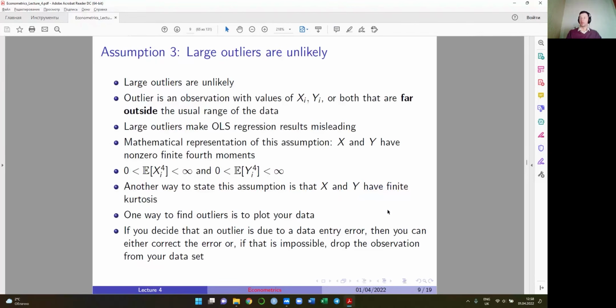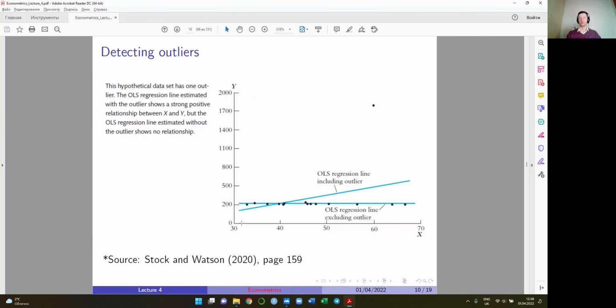Well, the problem is how these outliers appear in the data. If, for example, there is a data entry error, the person who collected the data just made an error and put there an extra zero or something, like here, right? So it was around 200, and the person put there 2000, or like 180, and instead of 180, there is 1800, right?